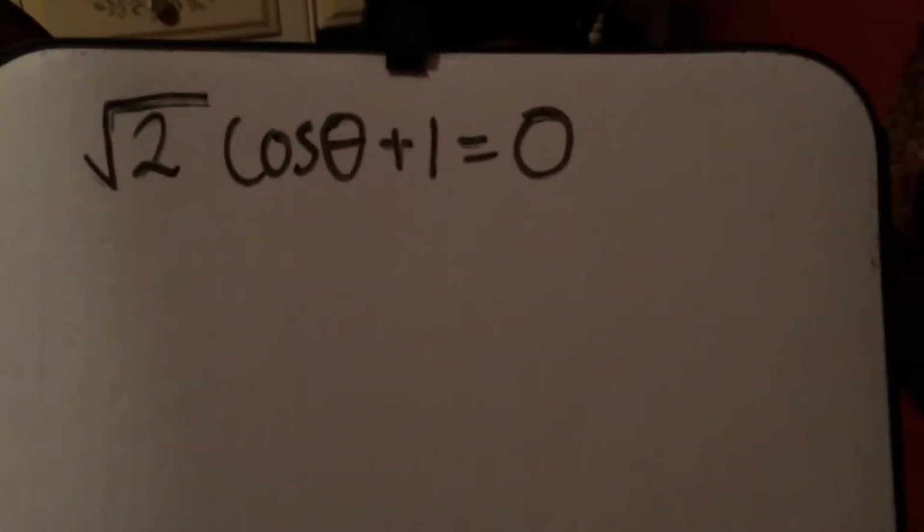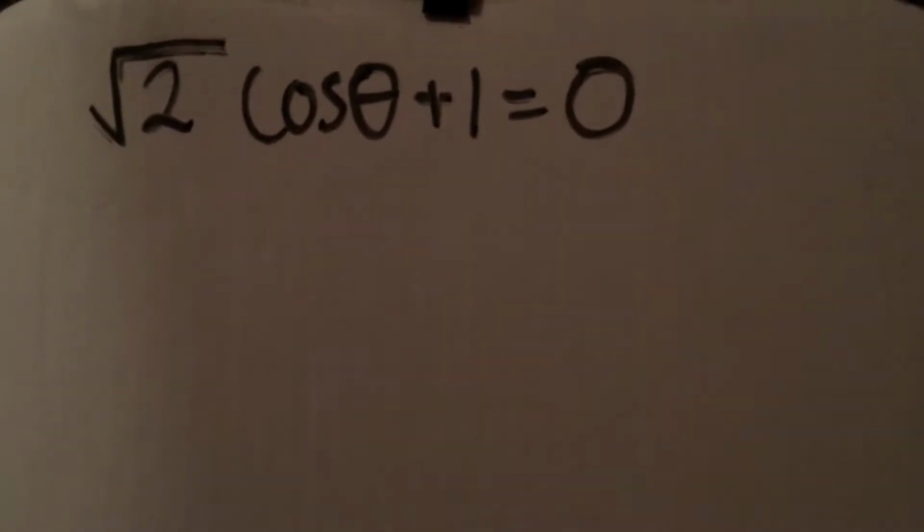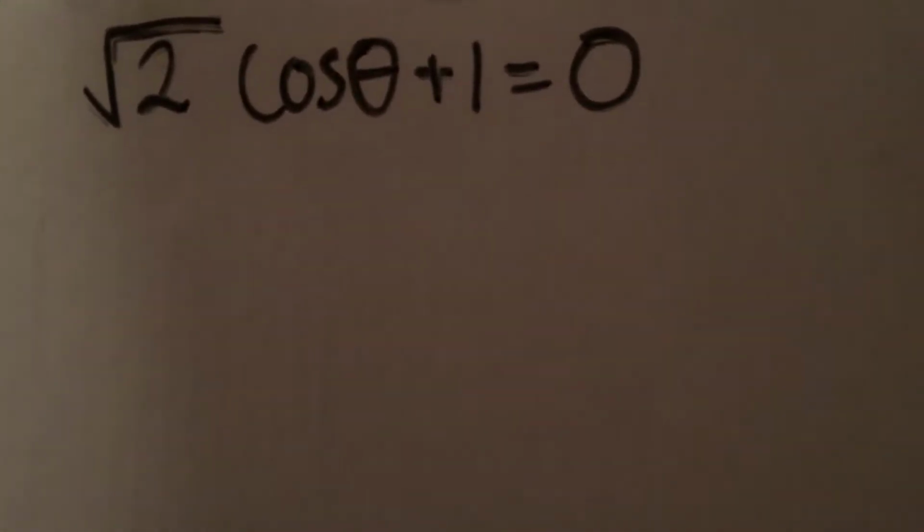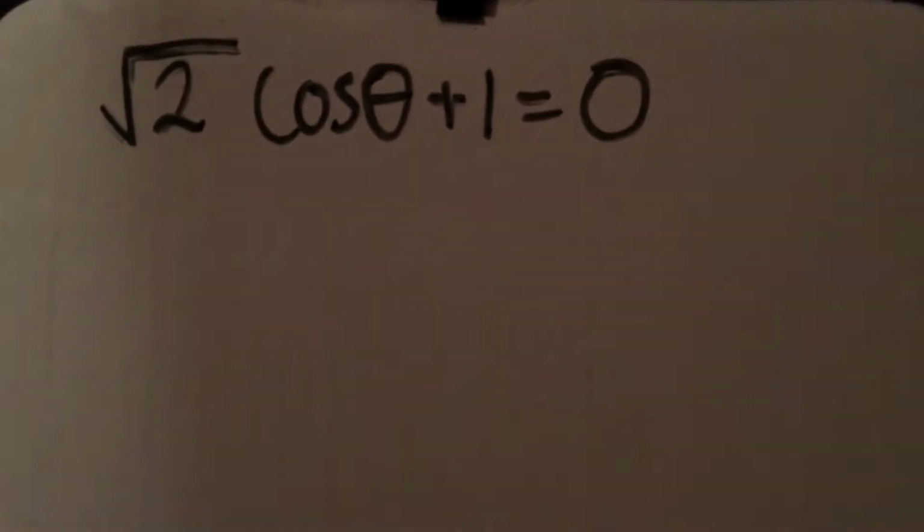Now, following along to solve a trig equation, we have this example: the square root of 2 cosine theta plus 1 equals 0. The main point of this trig equation is to find the angle or the radians.